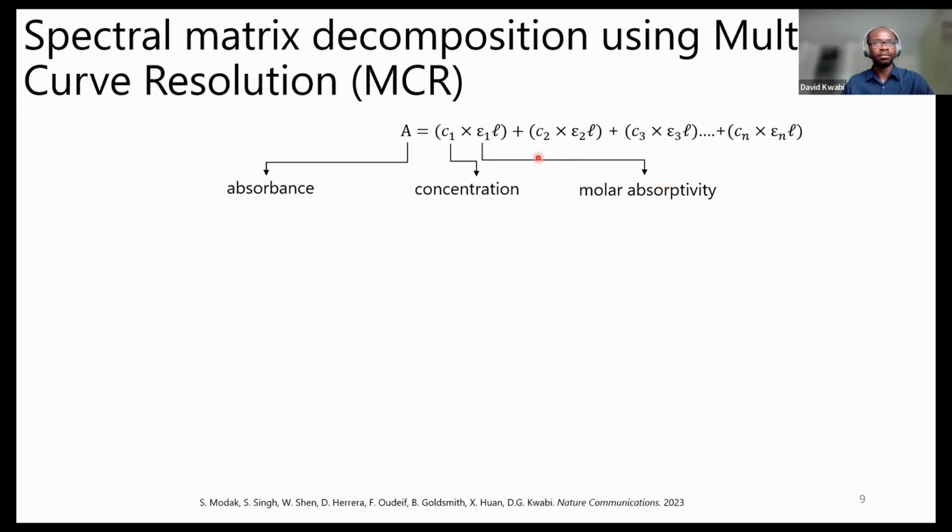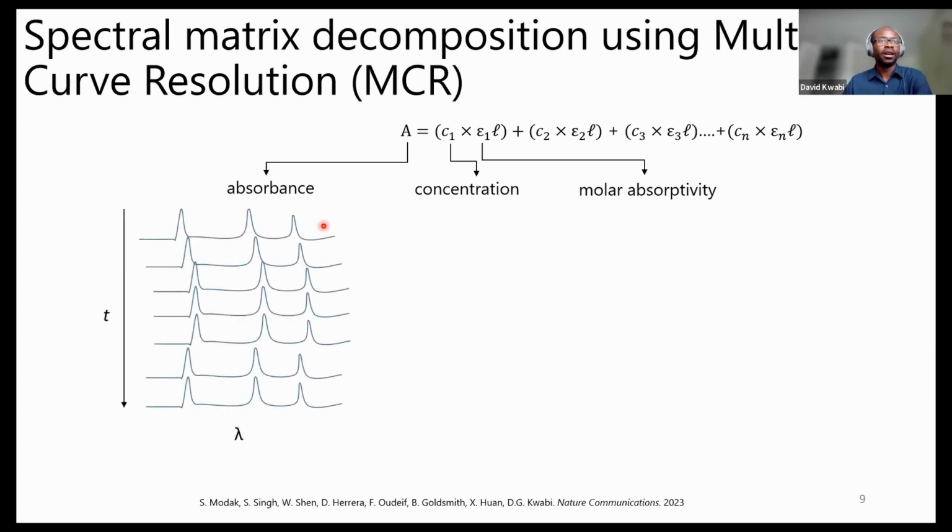And you essentially just sum up these products for all the species that are present. So if you consider the fact that we're taking absorbance as a function of time, we can represent all our data with what I'll call an absorbance matrix, in which every row is just a time point, and every column would be absorbance at a specific wavelength.